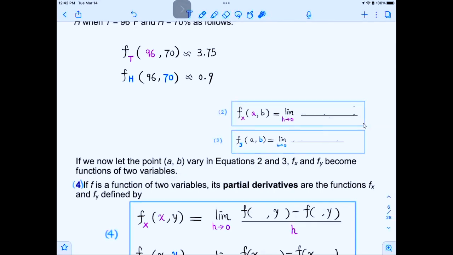So you keep the second component fixed on b. Okay, I think you guys said it. So for the partial derivative with respect to x, the second component here will be fixed on b, and then here's a plus h. And then the second one, what should you put here? Everyone?